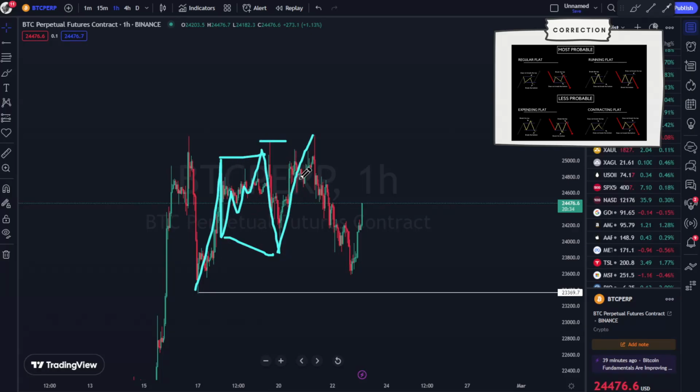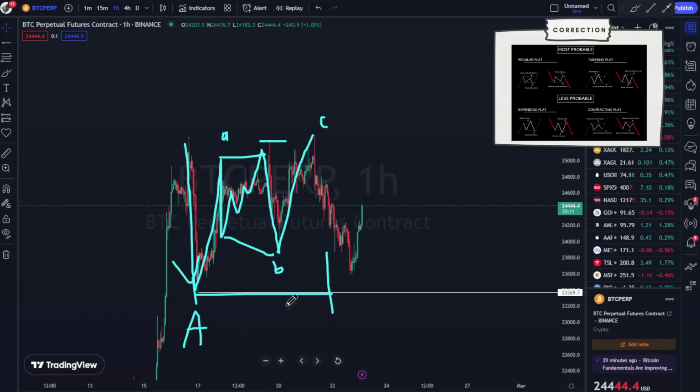So you know that this is most likely a correction because it took most of the time after having an impulse down, and because you can break it down into three parts: one impulse, one correction that you know is an expanding, and another impulse. So you know that you have a three wave right there, and this is a smaller A, smaller B, smaller C. Now you have a big impulse down, and this is a bigger A. All this becomes a bigger B, and this is a bigger C.